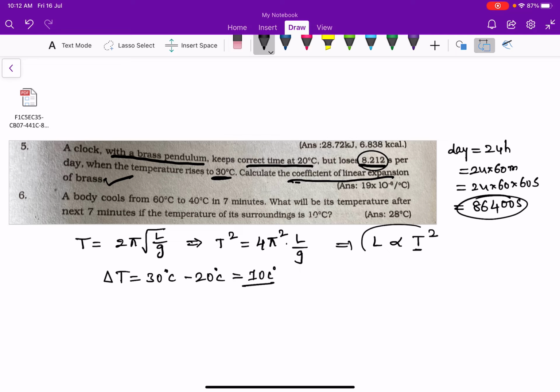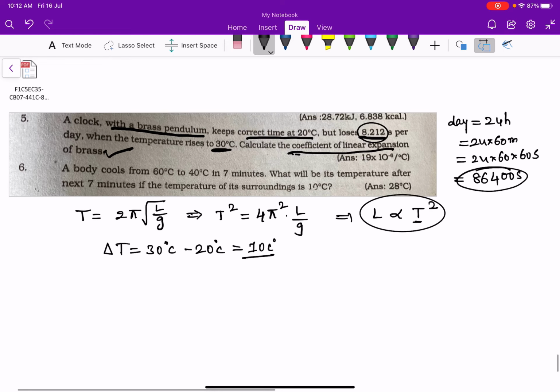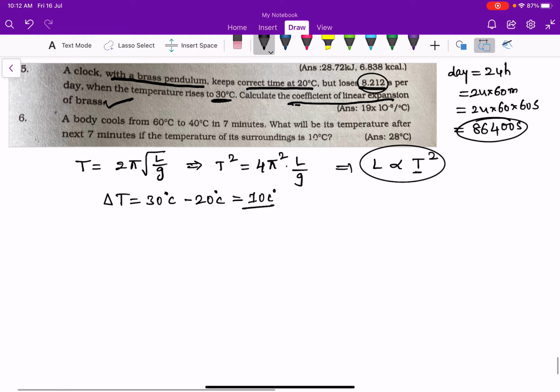Here we know L is directly proportional to the square of the time period.